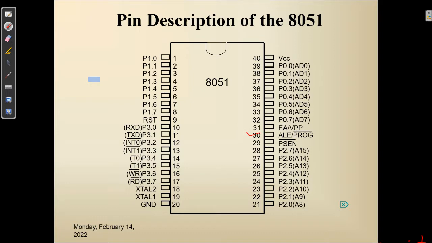These are important pins now. जो बचे वो सब important है. Pin number 30, pin number 29, and yes, anything else left?